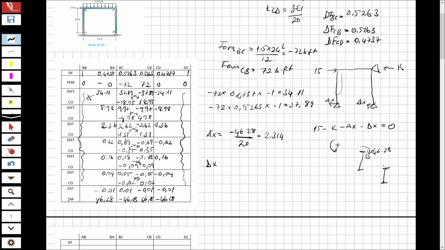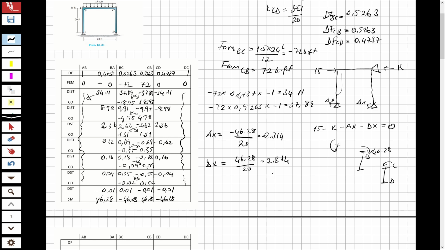And for DX, this is also for DX. What is for DX? CD. This is C, this is D. The moment at this direction, 46.28 over 20 is equal to 2.314. This is negative, because you can see this is negative.